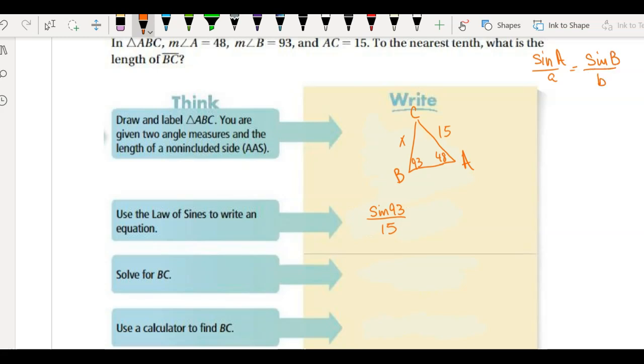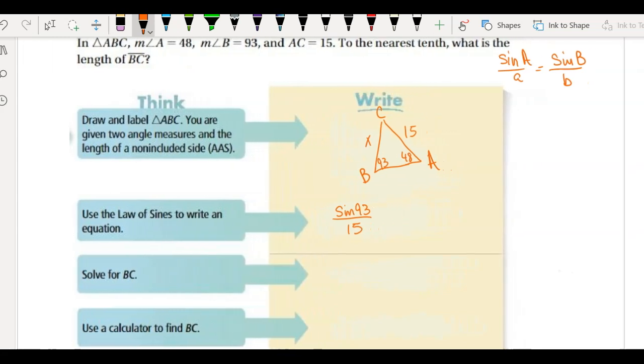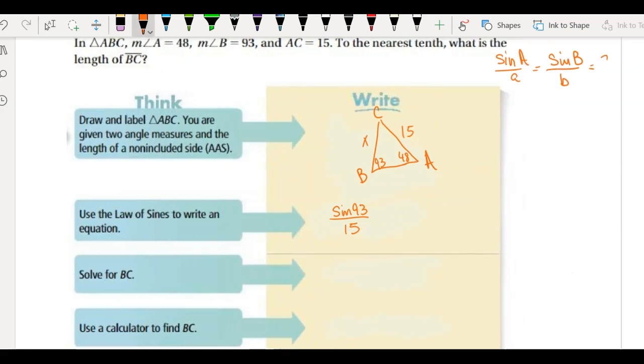Okay, so the sine of 93 degrees divided by 15 is equal to the sine of 48 degrees divided by x.